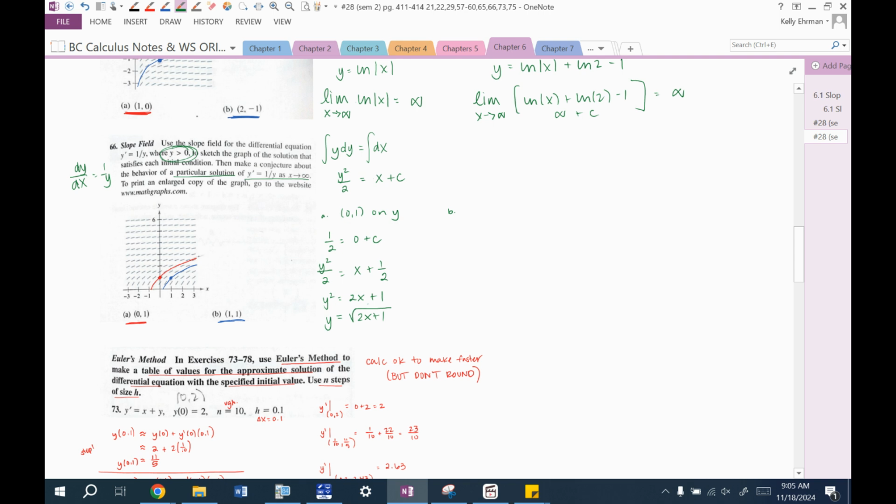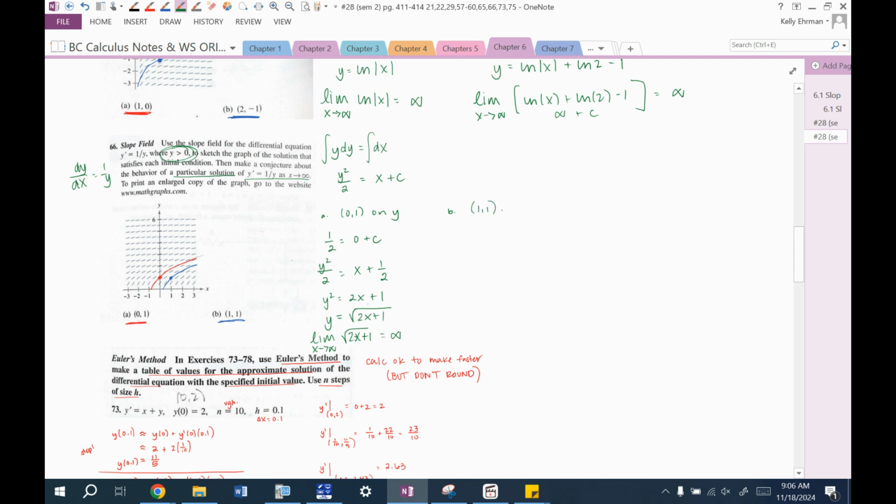So on this graph here, the only possible y values are positive square root of 2x plus 1. And then finally, the limit as x approaches infinity of the square root of 2x plus 1 is equal to infinity as well.